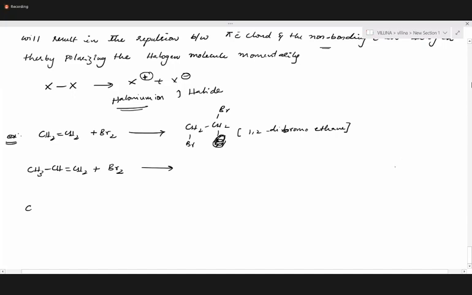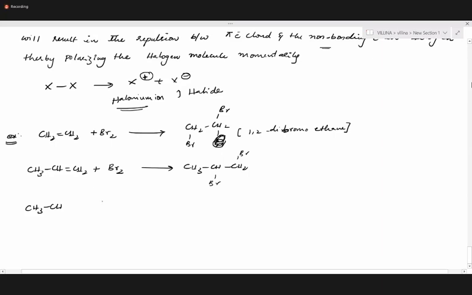So in the first step, we have CH3. Okay, I'll give you the products. CH3, CH, CH2, Br and Br. So this will be our product. How are these bromines added? I told you that Br plus, the bromonium ion or halonium ion, attacks our alkene first, right? So how does it get attached? Let's see. What do we have initially?